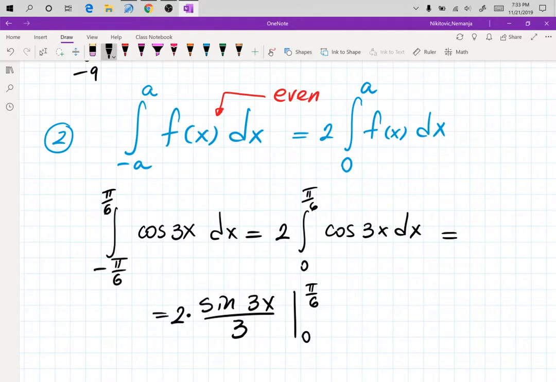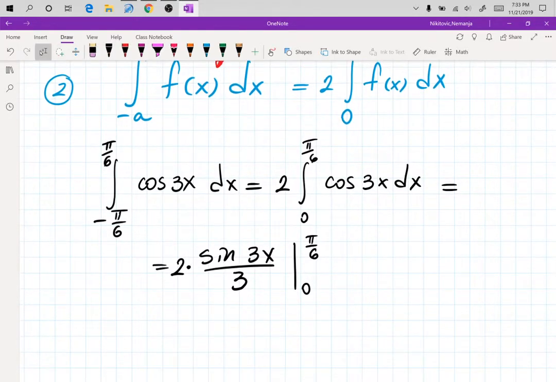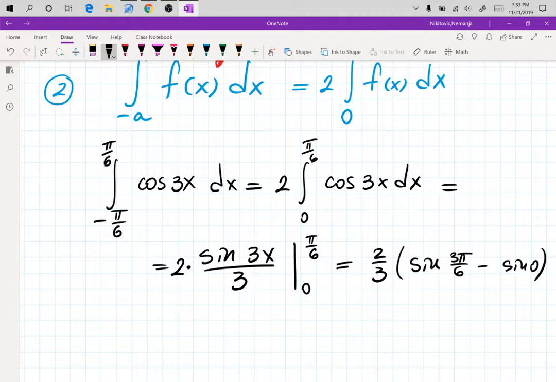Great. So this becomes now, right, it's easier to compute at 0. That's why we did all of this. So we have 2/3 in front. And now you have sine of 3 pi over 6, which is pi over 2, minus sine of 0. Well, that's 0. So I have 2/3 sine of pi over 2.